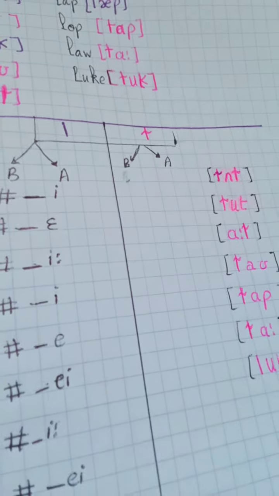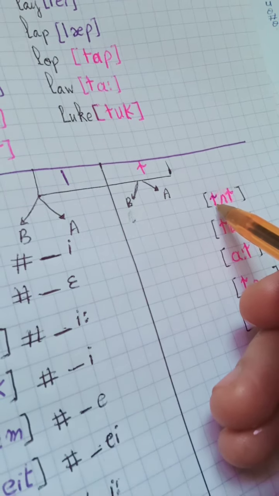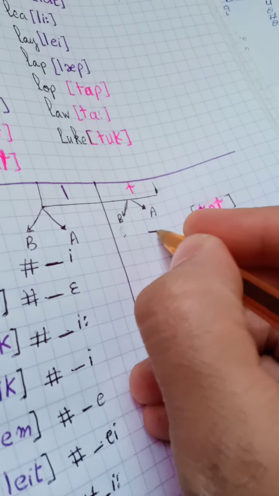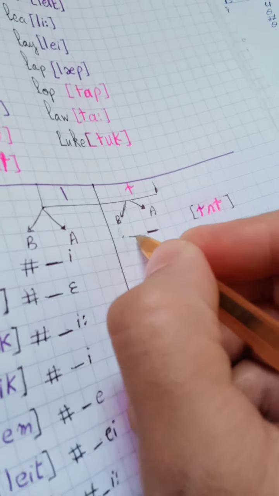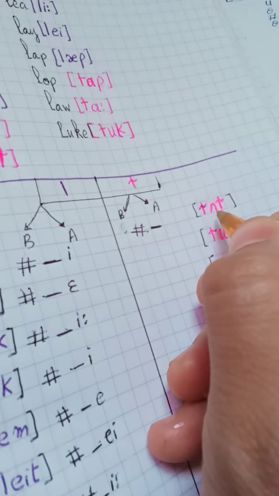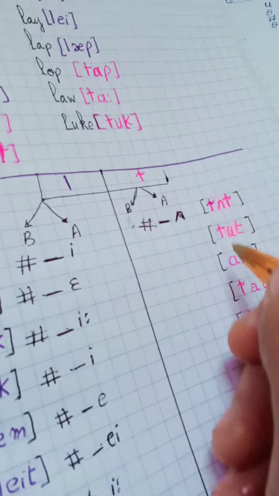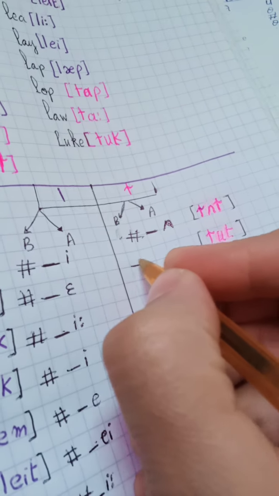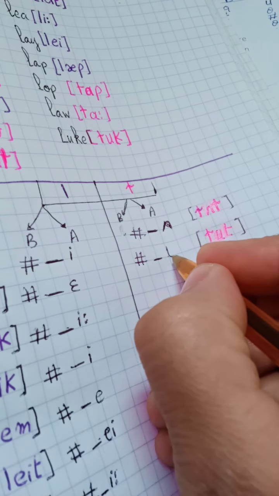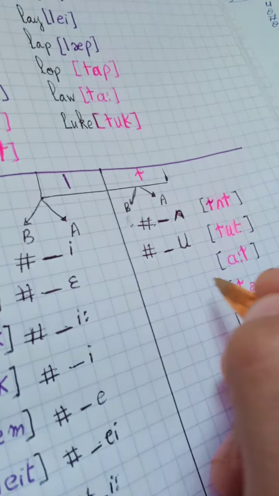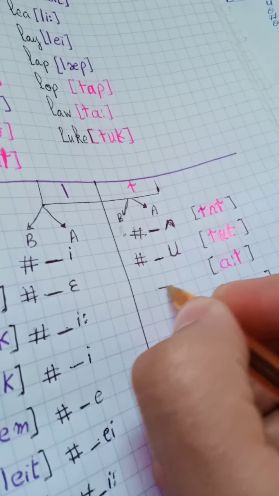Now I will move to dark L and do the same. This is the dark L. It occurs also at the beginning of the word, and the vowel, the central vowel A. Also here we have the rounded vowel O. Here it occurs at the end of the word.